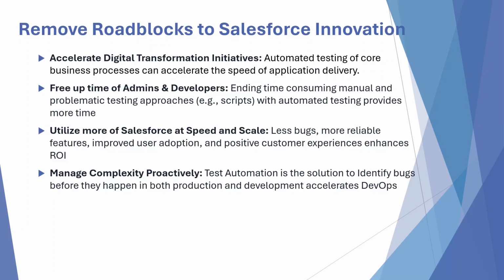Test automation tools like Tricentis Testim Salesforce help manage this complexity by providing comprehensive testing solutions that address various aspects of the Salesforce environment. Automated tests help identify bugs and issues early in the development process before they reach production. And then you also need to adopt continuous testing in DevOps. Integration of automated testing into the DevOps pipeline accelerates the development process by enabling continuous testing.